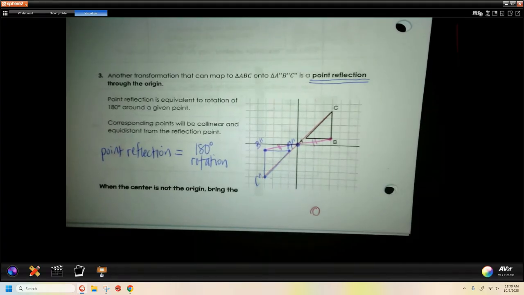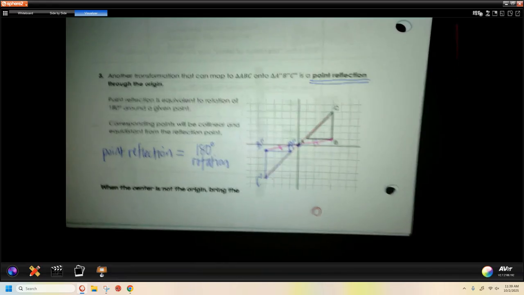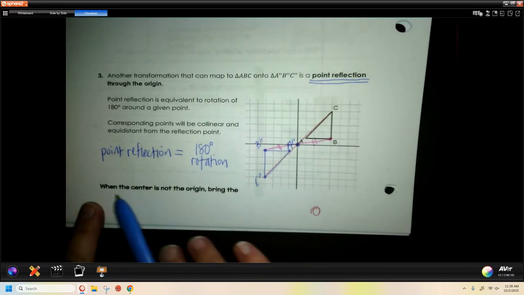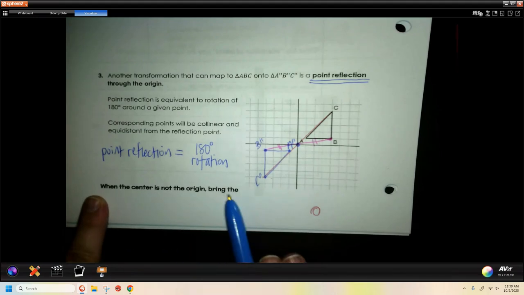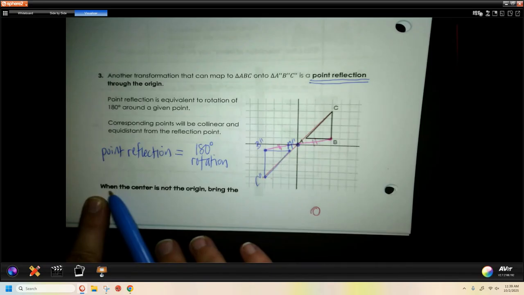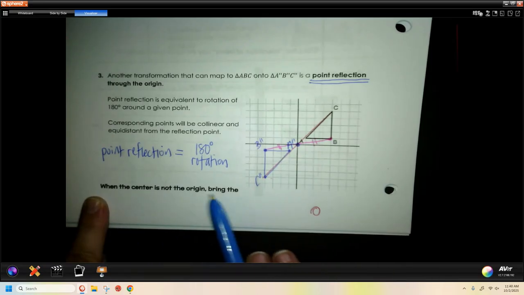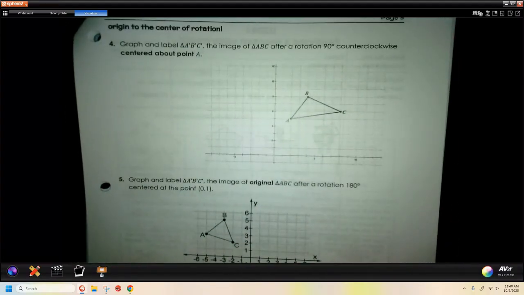All right, so now are we ready to keep going? We got 2 more to do. The problem is this line of words got stuck on this page and not on the next page. So our next topic is when the center is not the origin, turn the page, bring the origin to the center of rotation.